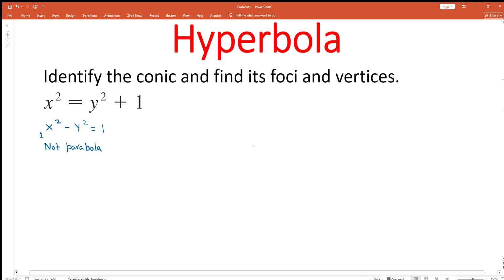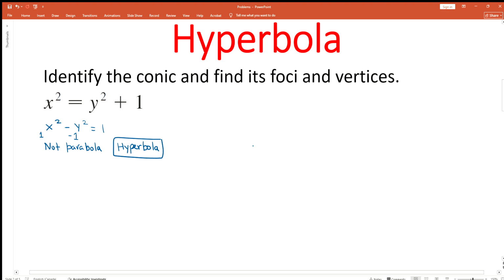The coefficient of the y squared term is negative 1. Since these two coefficients have opposite signs, one is positive, the other is negative, that means this equation represents a hyperbola. This is an important concept we need to understand and memorize.